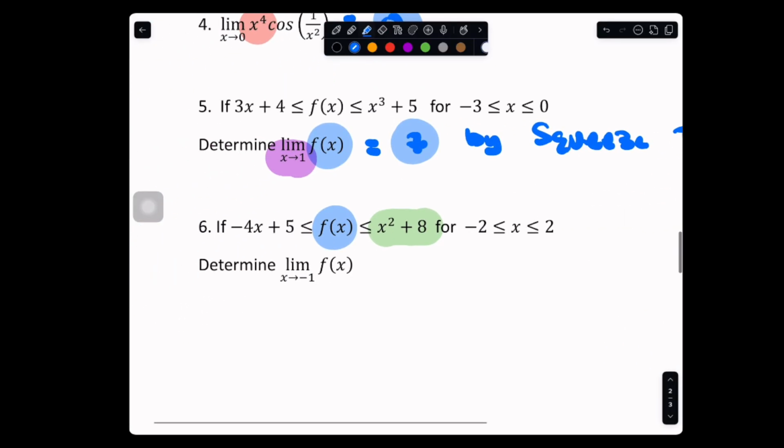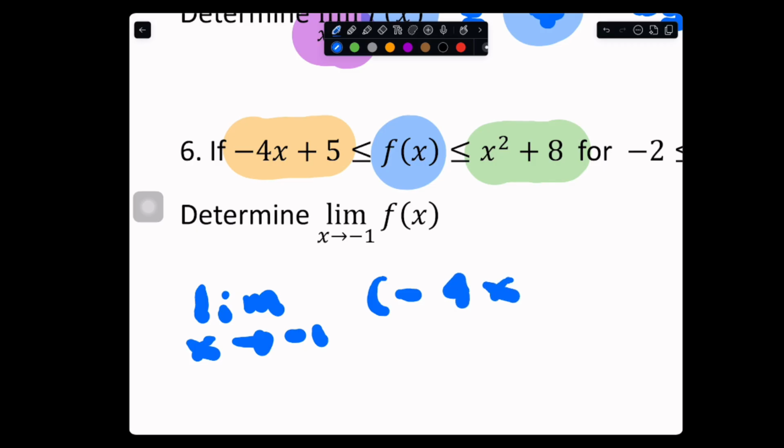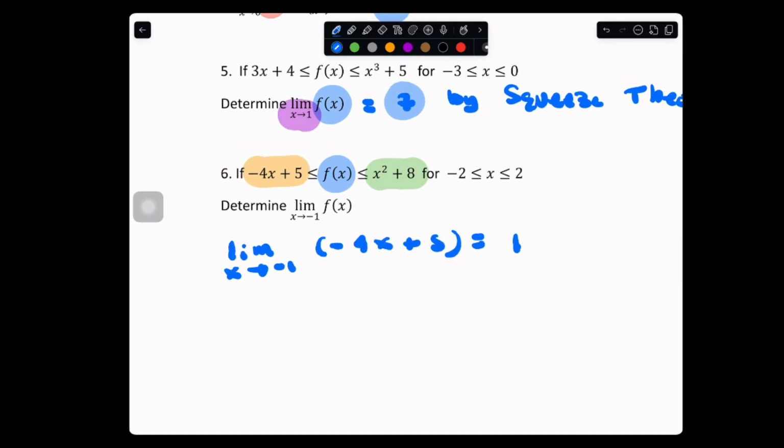All right, so here you go. All right, what's this limit question? This is the limit as x goes to 1. So let's find the limit as x goes to 1 of the smaller function, negative 4x plus 5. Another polynomial, nice and continuous everywhere. I could just plug in the value of x here, and I get 4 plus 5 equals what? That's 9.